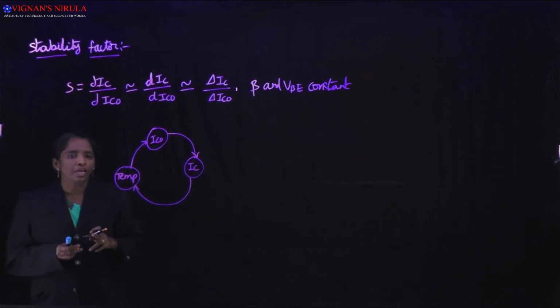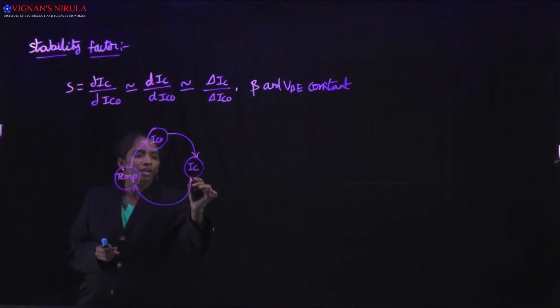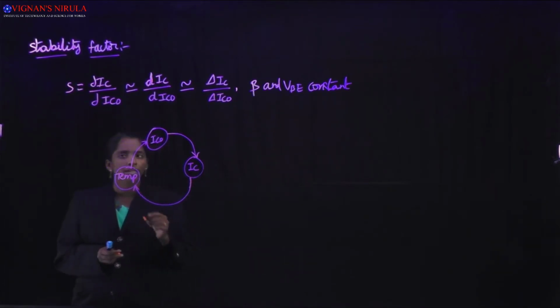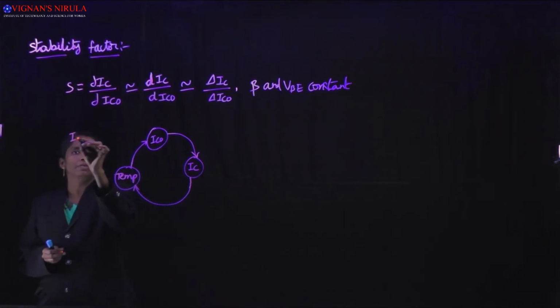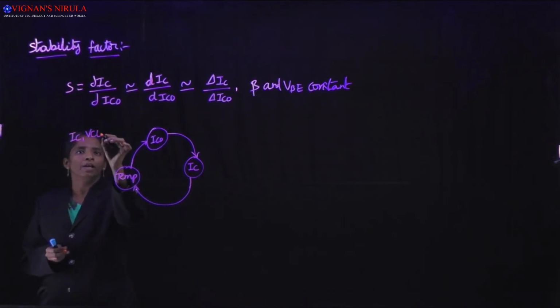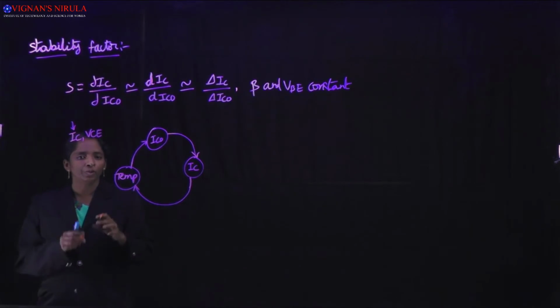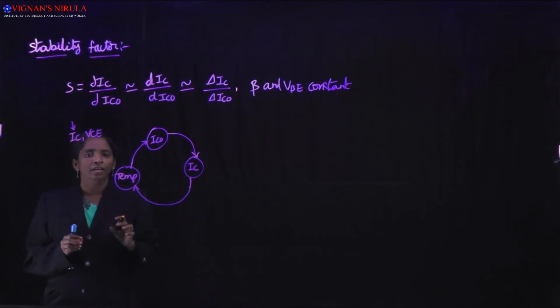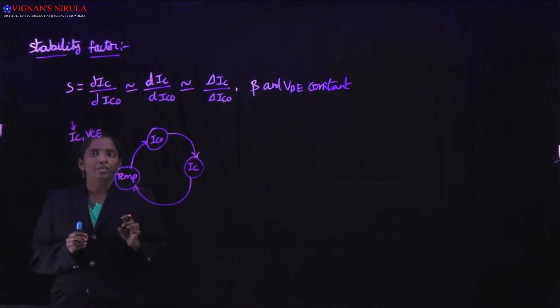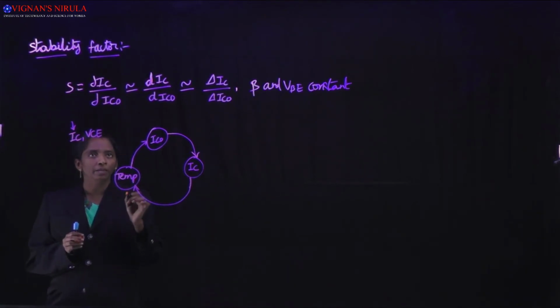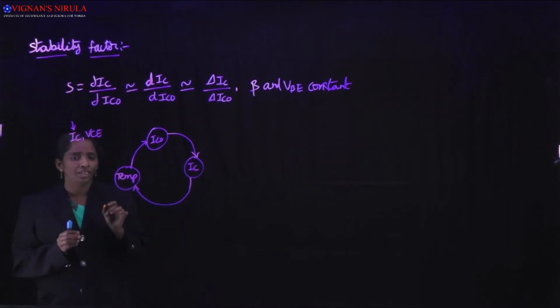It goes into the saturation region. If we draw the operating point or DC load line, we are considering IC and VCE values. If IC changes, the operating point also changes, but our intention is to keep the operating point at the active region. So for that we have to keep IC and VCE constant. For that purpose we consider the stability factor.